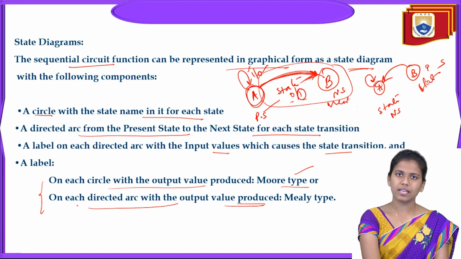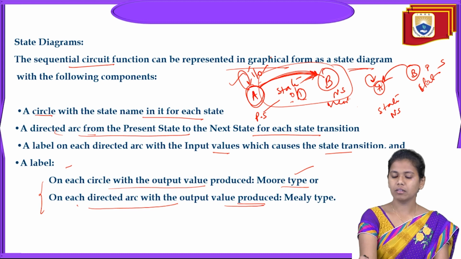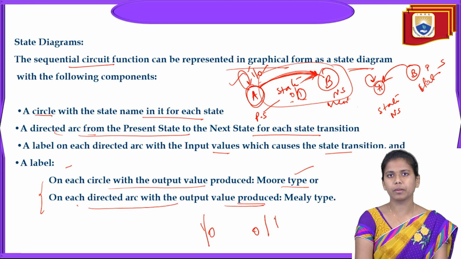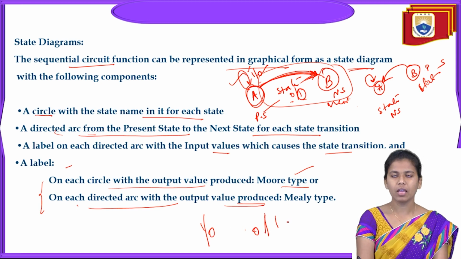In the state diagram, we see the circle, we see the directed arc, and we see the labelings of the input as well as the output. Labeling can be done as 1/0 or 0/1. Before the slash is the input, and after the slash is the output.